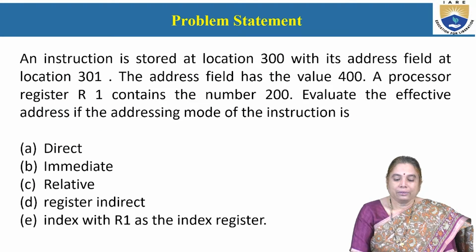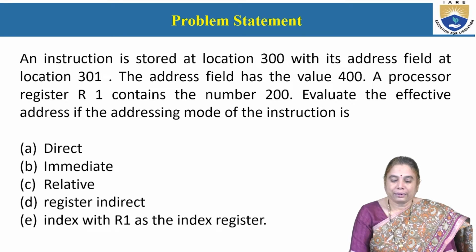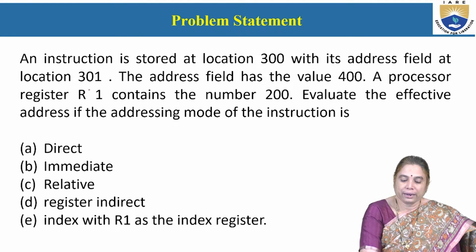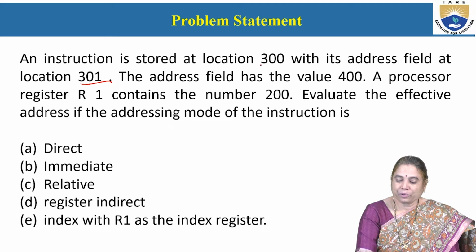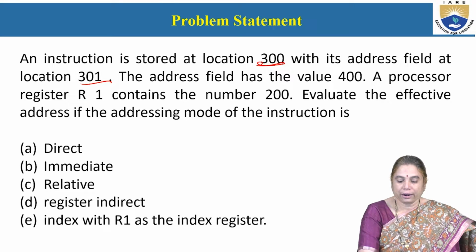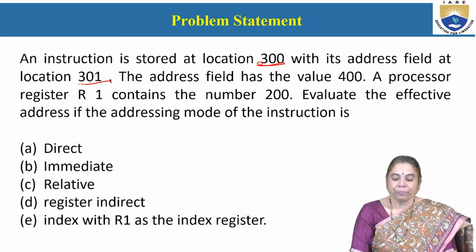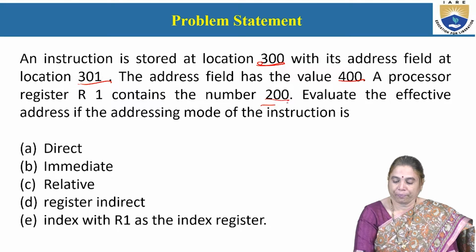Next is, an instruction is stored at location 300 with its address field at the location 301. The address field has the value 400. A processor register R1 contains the number 200.